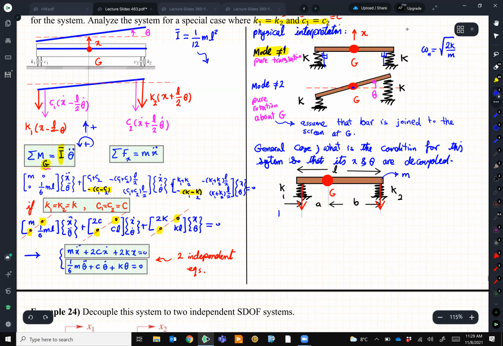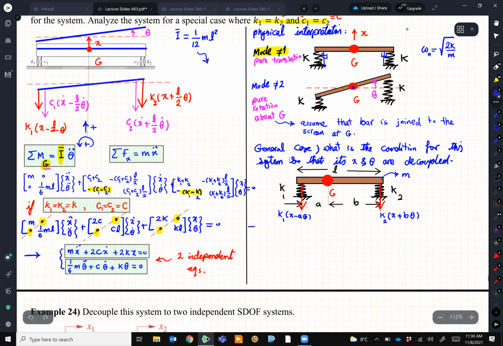This spring will be K1, it's going to move by x minus a theta. And this one is going to be K2, x plus b theta. Okay, so that's my free body diagram.